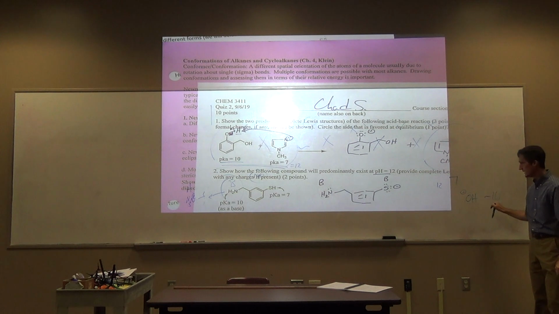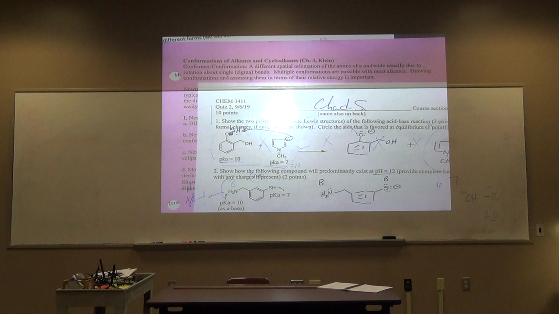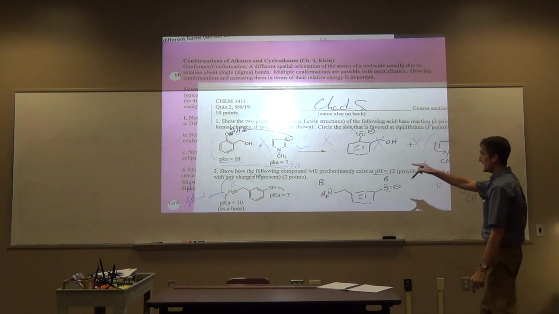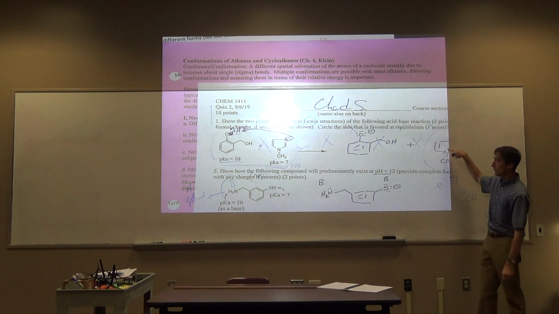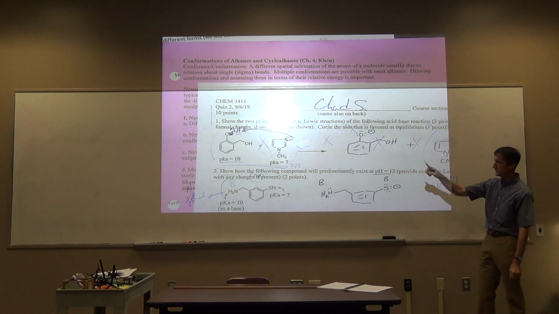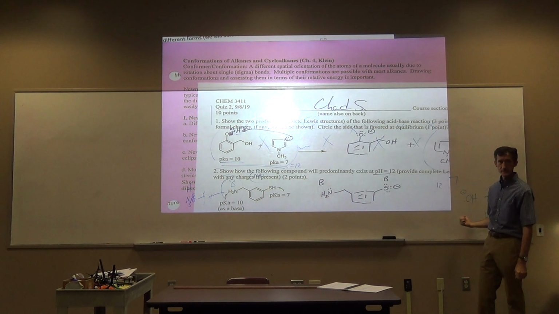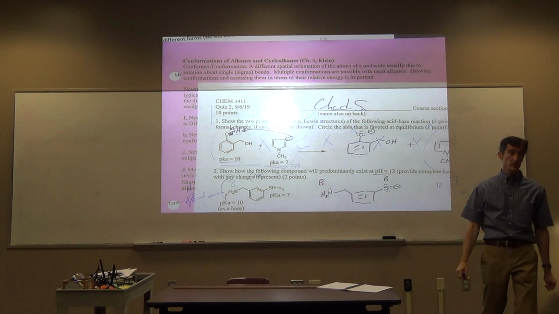The conjugate acid. What's the conjugate acid? Water. Haven't we said the pKa of water is about 16? If this was hydroxide, you would have 16, but you would put it over here because you'd form water. And which is favored, 10 or 16? 16. Hydroxide would be strong enough to do it.